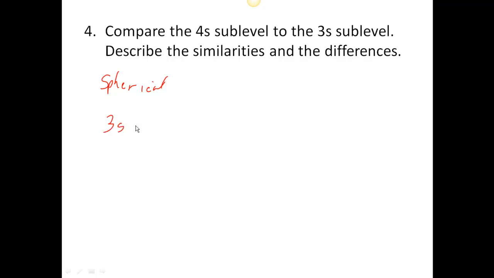So the 3s is inside or smaller than the 4s. They both hold 2 electrons. So those are kind of the similarities. The difference is just a difference in size. The 4s orbital is further away from the nucleus than the 3s orbital.